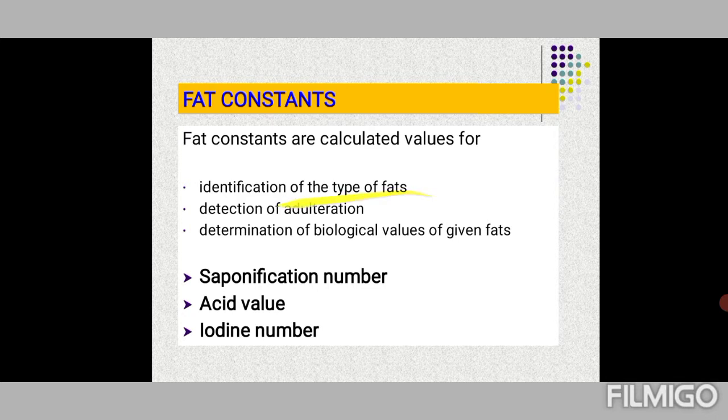They can be used for identification of fats, detection of adulteration in stored fat, and determination of the biological values of given fats. The fat constants mentioned here are saponification number, acid value, and iodine number. We can examine them one by one.